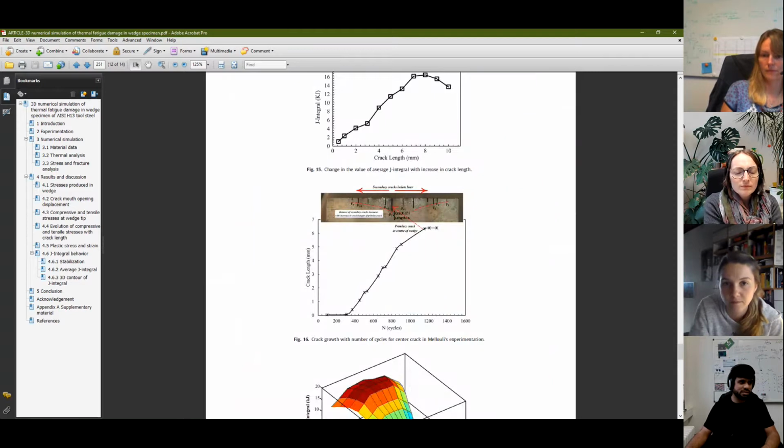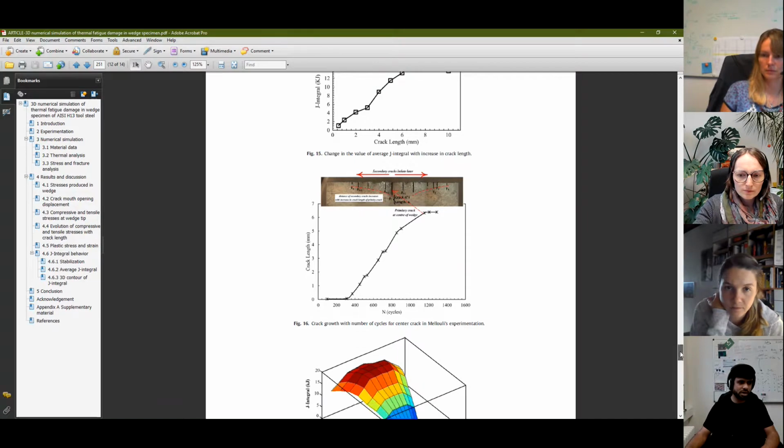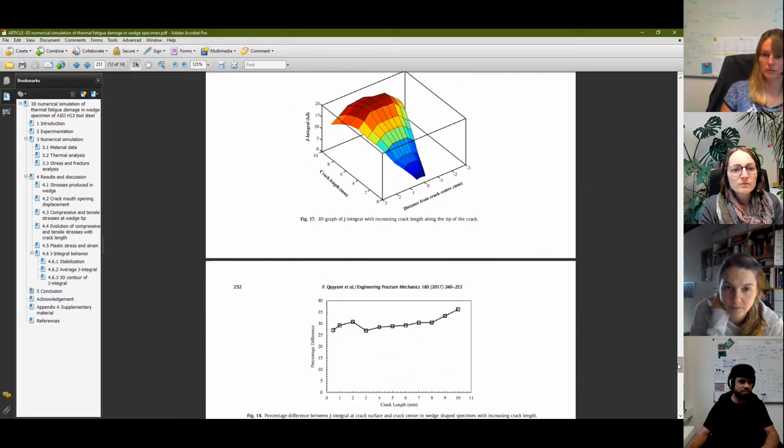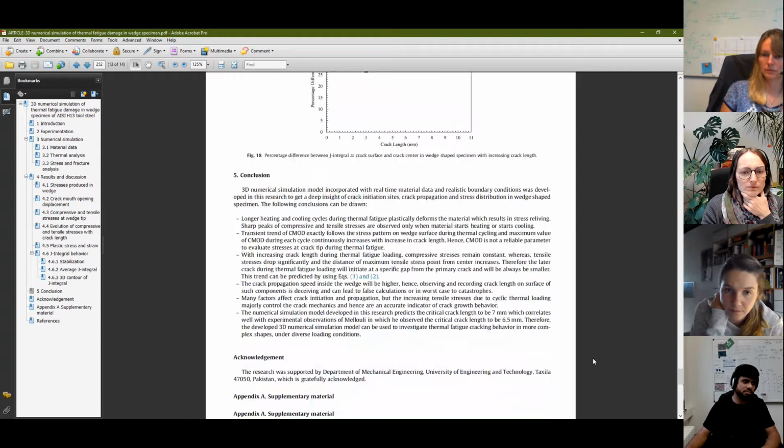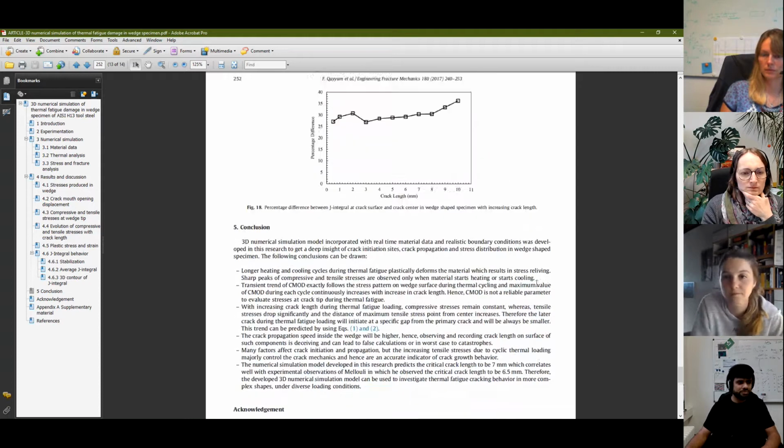For example, this is a picture taken from literature, and we then constructed it to explain a point which we wanted to make in the text, that as we go far from the center of the wedge, the cracks become shorter. And why is that so, and why numerical simulation is important, and what we learn from there, and then some 3D graphs, and yeah, eventually the conclusions.